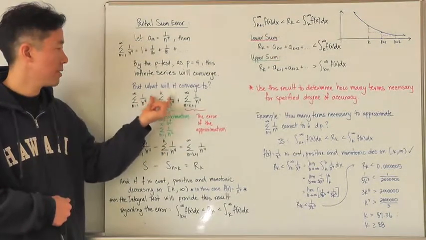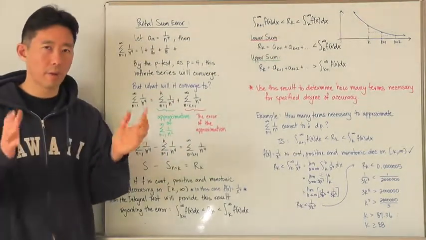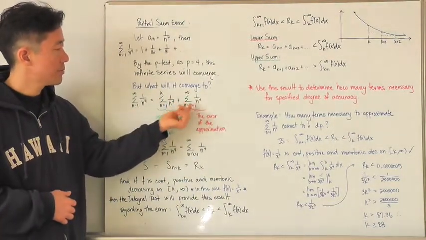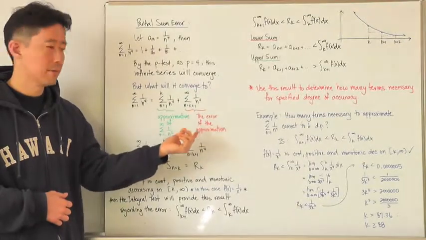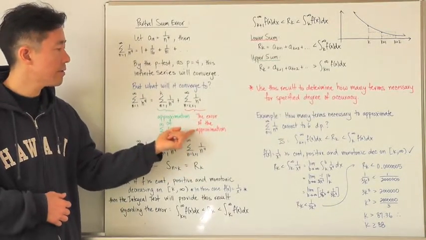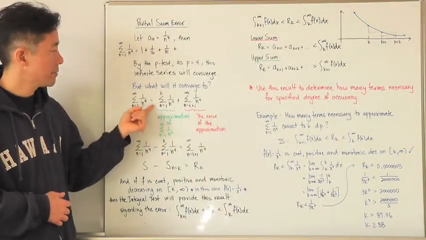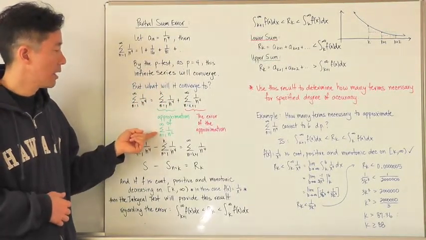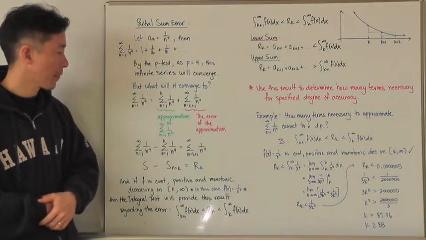The reason it's called a partial series is because it's only part of the infinite series. And this part is whatever is remaining. That is going to be called the error of the approximation, and the partial series is going to be called the approximation of the infinite series.